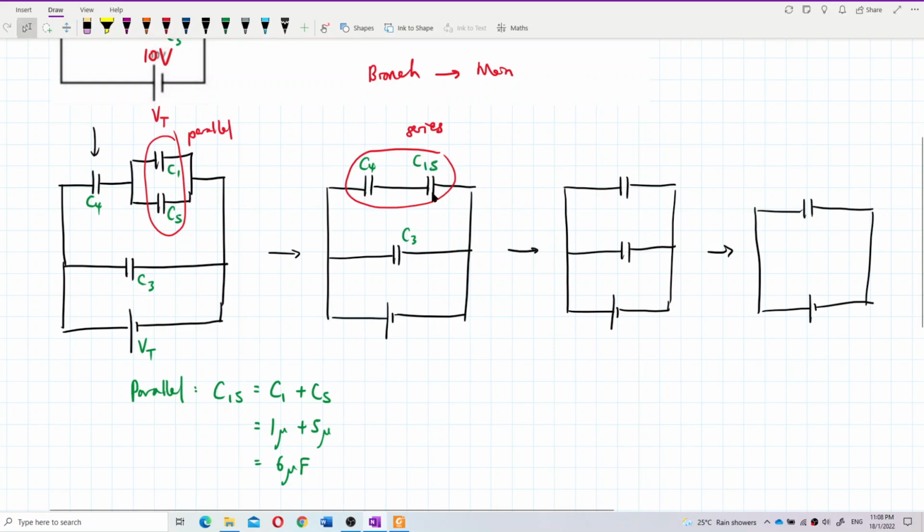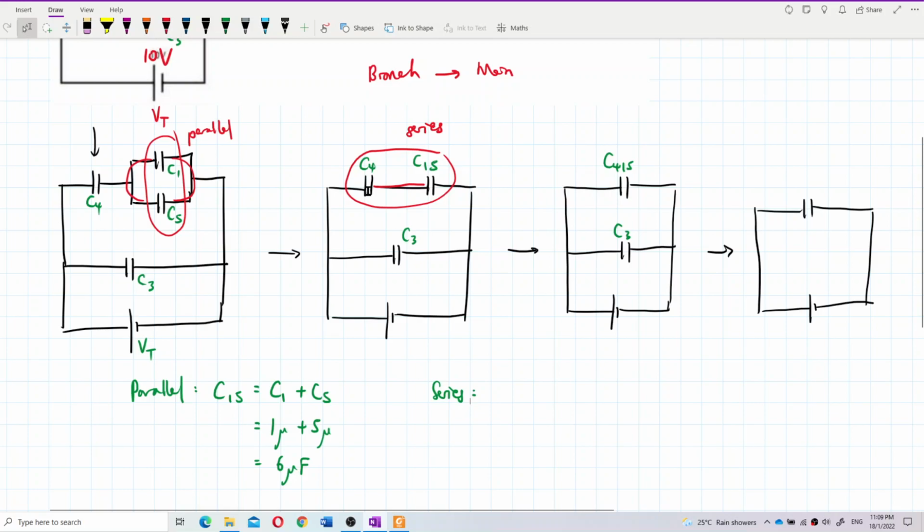Just now the other was parallel because they have two legs connected. This one is series because they have only one leg connected. After they combine, they form C415, and then this is C3. So it is a series connection.